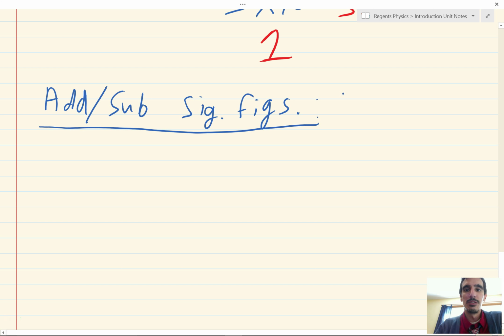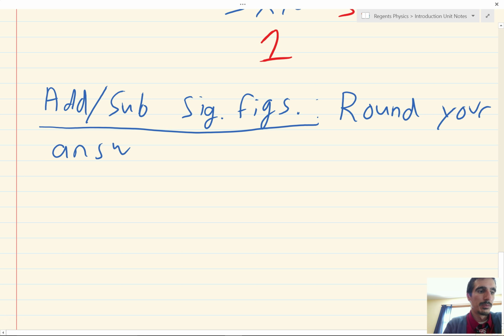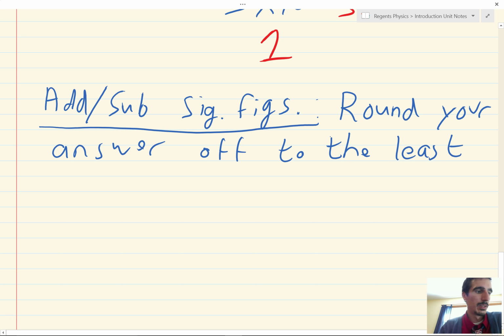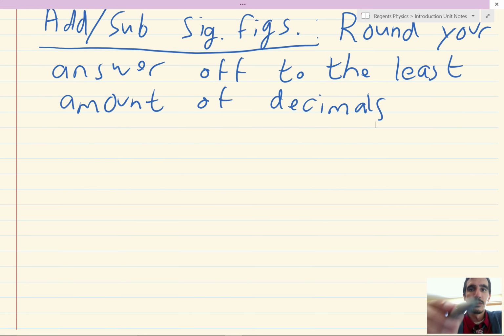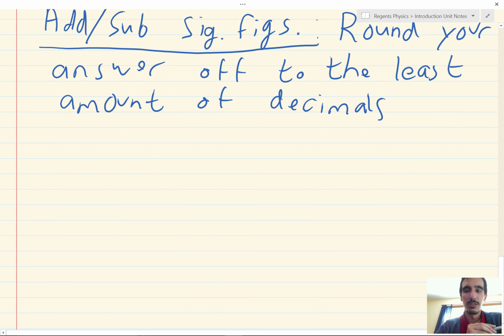So the rule is you round your answer off to the number with the least amount of decimals. I'll just do one quick example. I think it's pretty self-explanatory once you can do one.